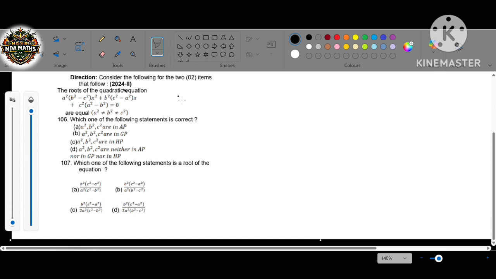Now the key concept here is, we know that in a quadratic equation ax square plus bx plus c equal to 0, if the sum of all the coefficients, the x square coefficient, x coefficient and constant term, is 0, then we can conclude that one of the values of x is 1. One root is 1.